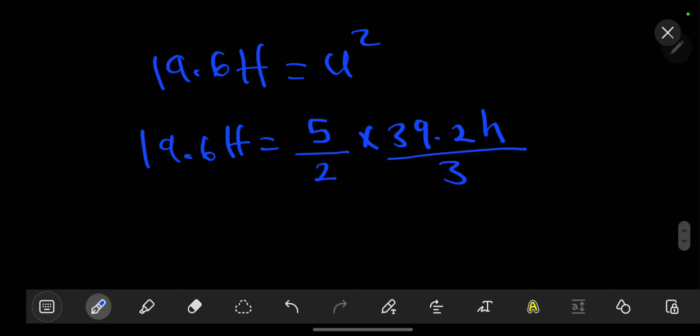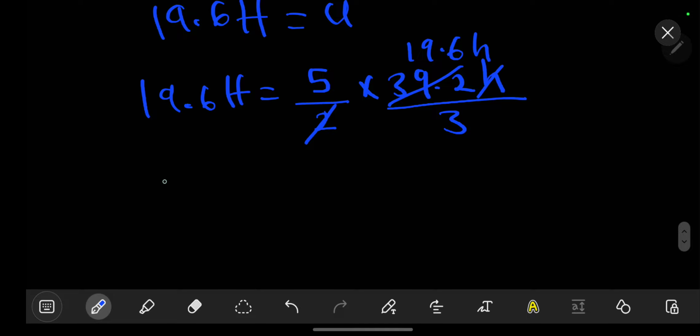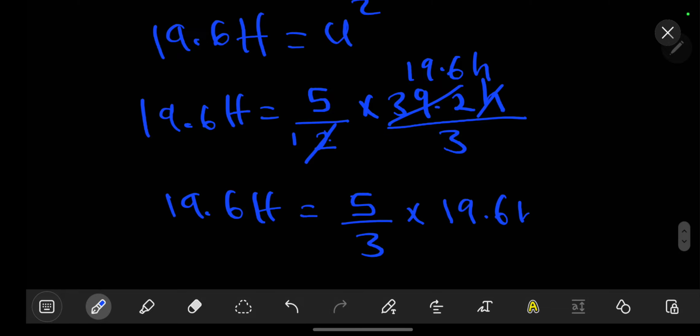So reducing some values, 39.2 divided by 2 will give you 19.6h. Then we are going to have something like 19.6h should be equal to 5 over 3, this 3 times this one, so we have 5 over 3 times 19.6h.